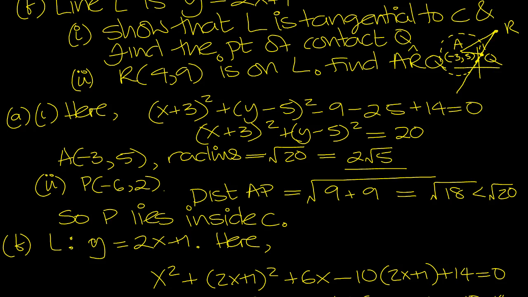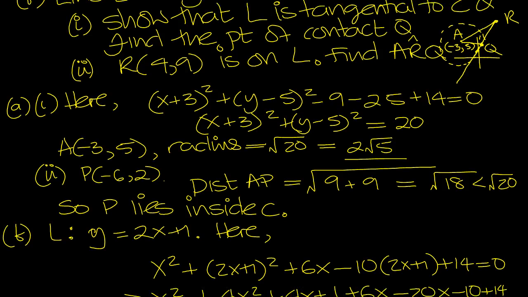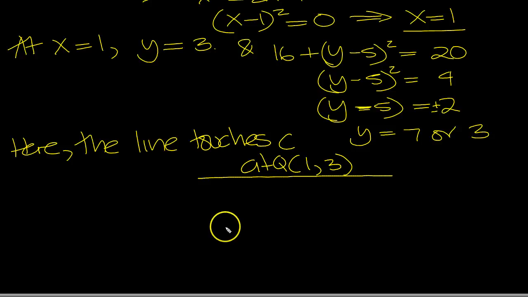Okay, so I've got the orientation. Let's put it in then. ARQ. So here's A, and that was the coordinate of the center of the circle.